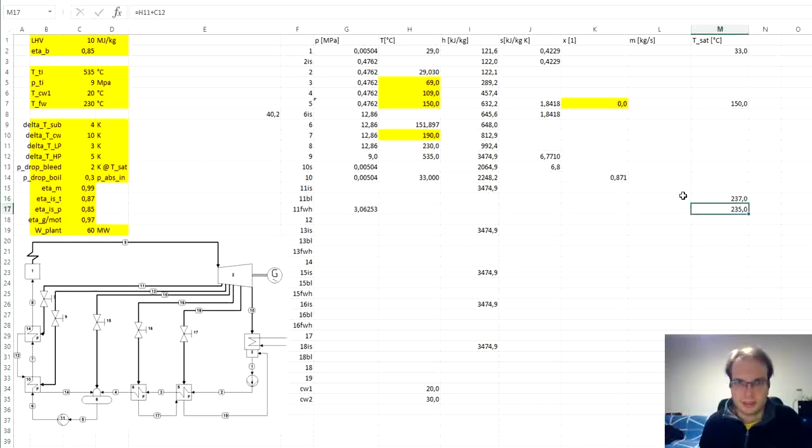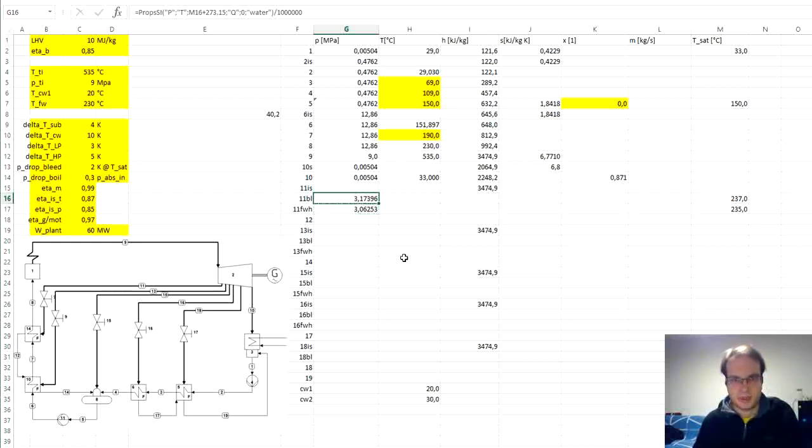So the saturated temperature at 11 BL will be 2 degrees higher. And again, we can get pressure from that. Now at the point 11 isentropic, the pressure is the same as point 11 bleed. It's just the ideal and real outlet of the part of the turbine section.